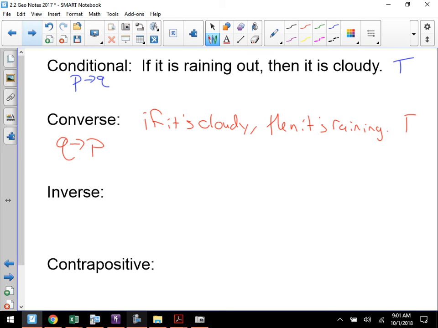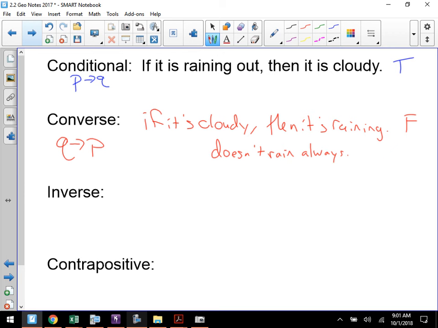It's a hard one. I know what you mean, but you could just be cloudy out. It doesn't rain always when it's cloudy, I guess you can say. I think that's kind of what you're getting at. Right. That's the idea. That's a false statement.